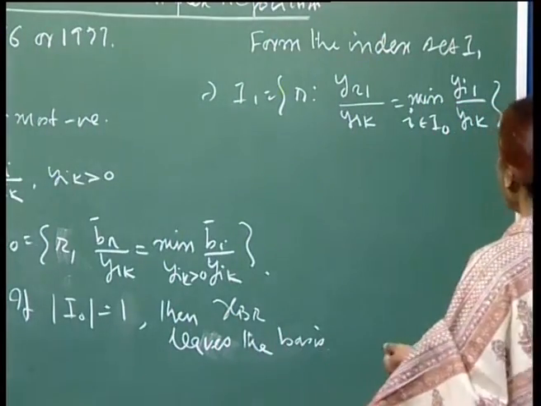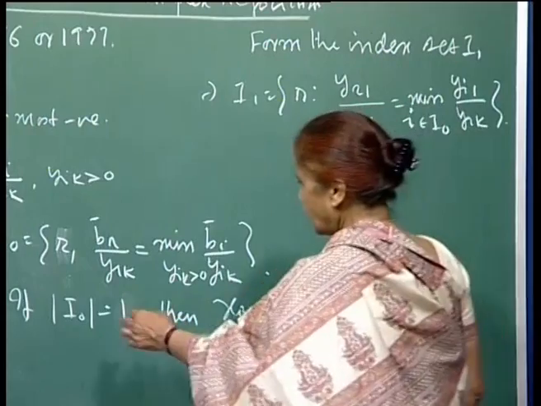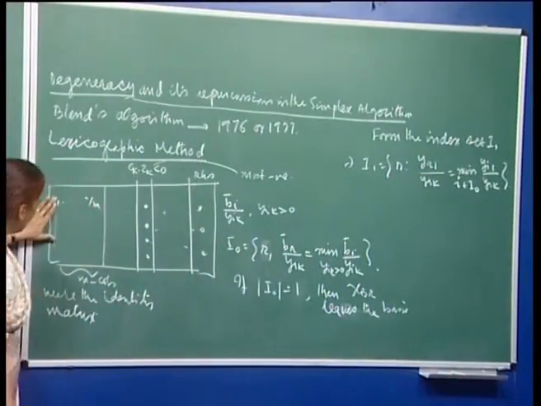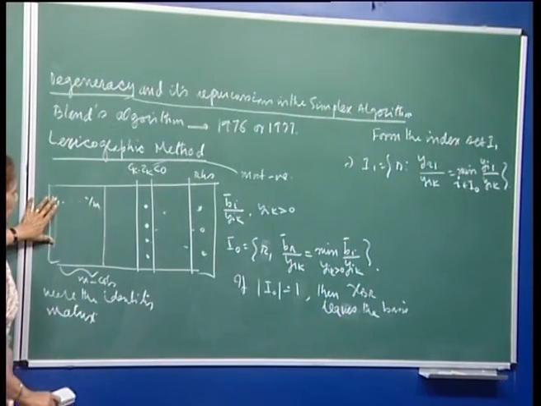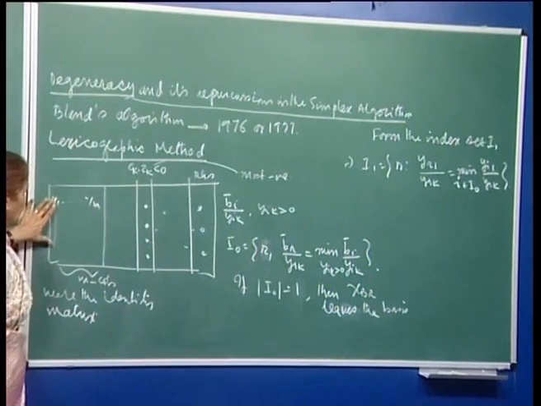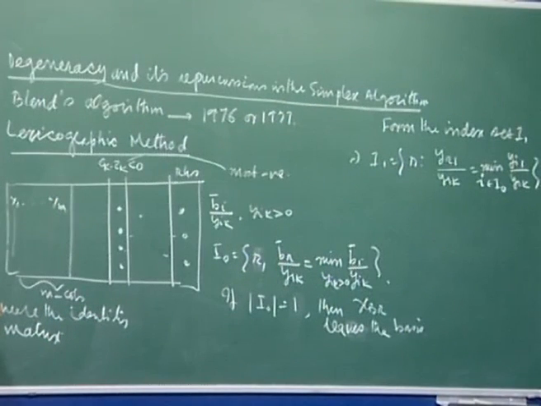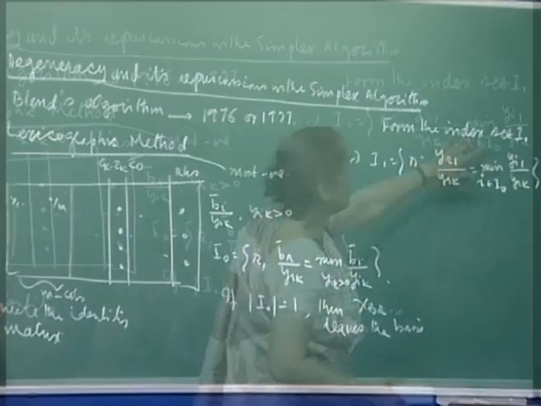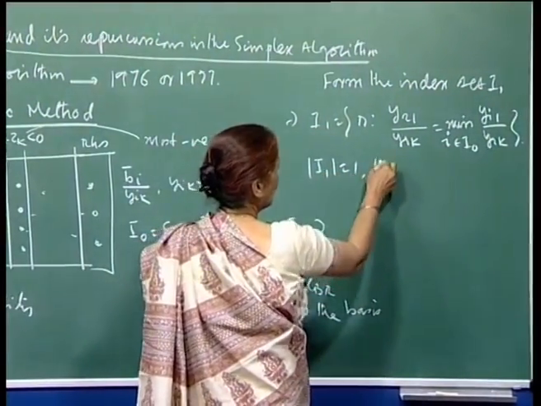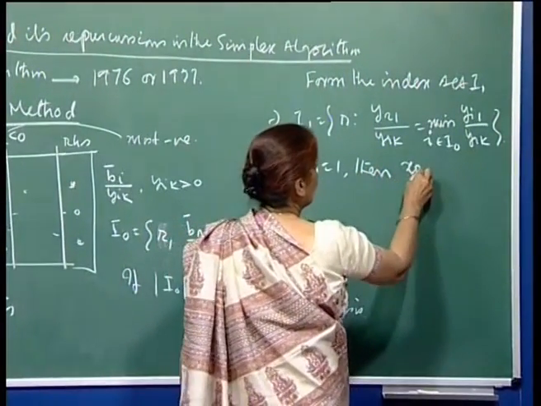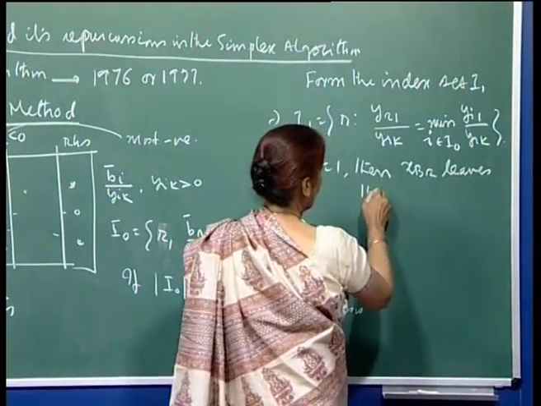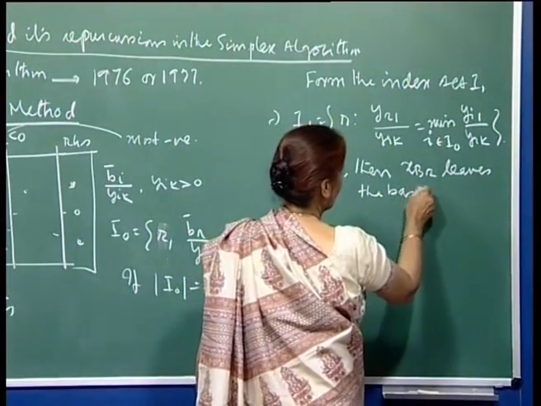Is it clear? The definition is that for all the indices that are present here, you take the corresponding components in the first column here, and then take the ratios from the corresponding yiks, and then again find out the ratios, and then choose the minimum one, right. Now, same rule here again, if this is 1, then xbr leaves the basis, right.